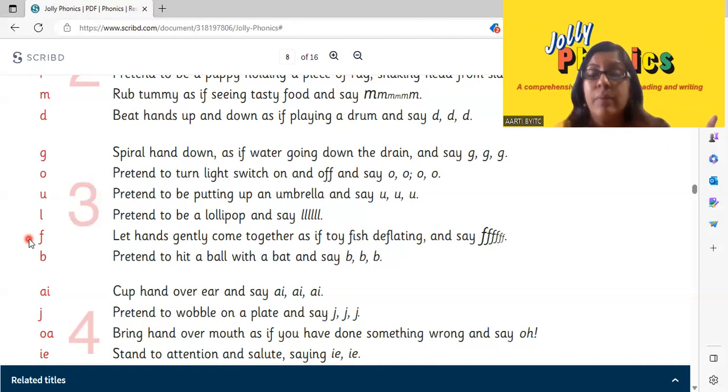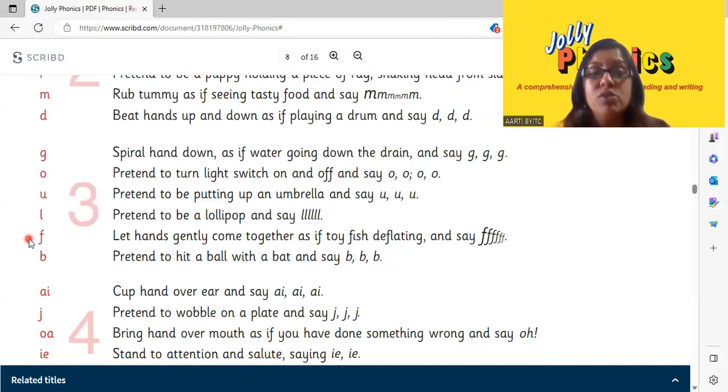Very simple. When I was saying that come out with the breath, then it was like letter H. But when I'm saying deflate, deflate means the air is coming out from a hole, that is the fish, and the sound is very simple.